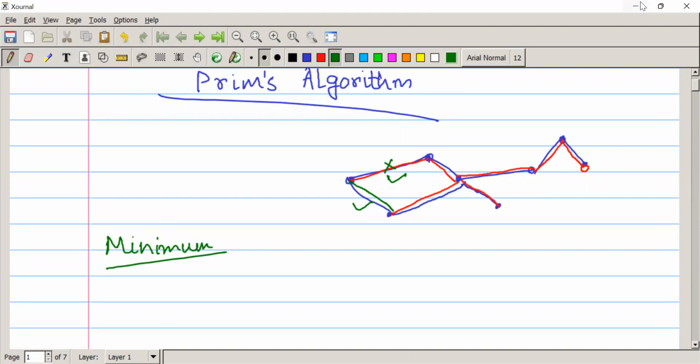Ma'am, are you writing? No, I'm just sharing my screen. But it's mixed type. The screen freeze type. Ma'am, I think the screen is stuck. We are only seeing the Prim's algorithm heading.